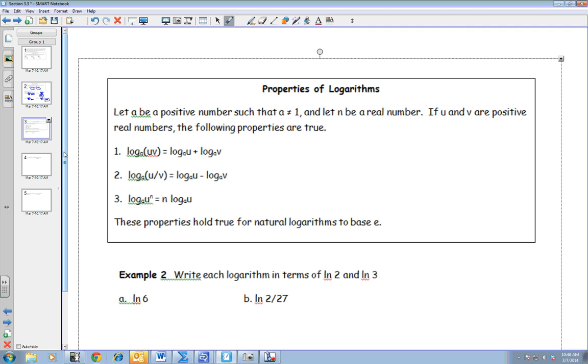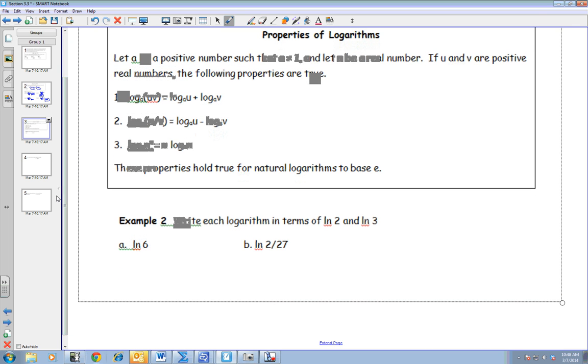All right, now we're going to talk more about properties of logarithms, and you guys, I'm sure, had this in Algebra 2. Rule number 1: log base A of u times v. Anytime I have a logarithm, and this holds true for natural logs or common logs, if I have two things being multiplied together, I can rewrite that as an addition problem.